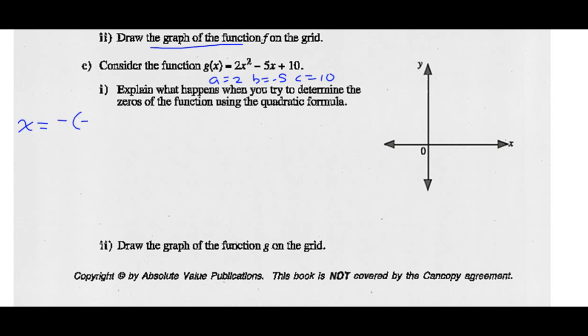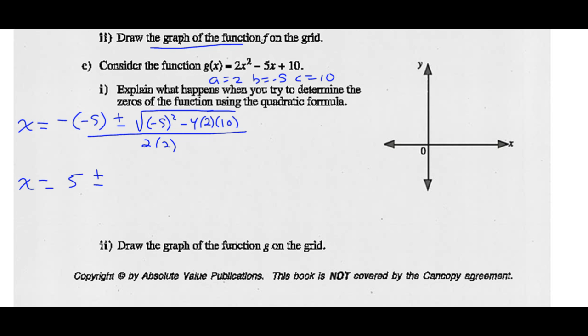x equals negative b, so minus negative 5, plus or minus the square root of b squared minus 4 times a times c, all over 2a. So we get x equals minus negative 5, which is like saying 5, plus or minus the square root. Negative 5 squared is 25, minus 8 times 10 is 80, all over 4.